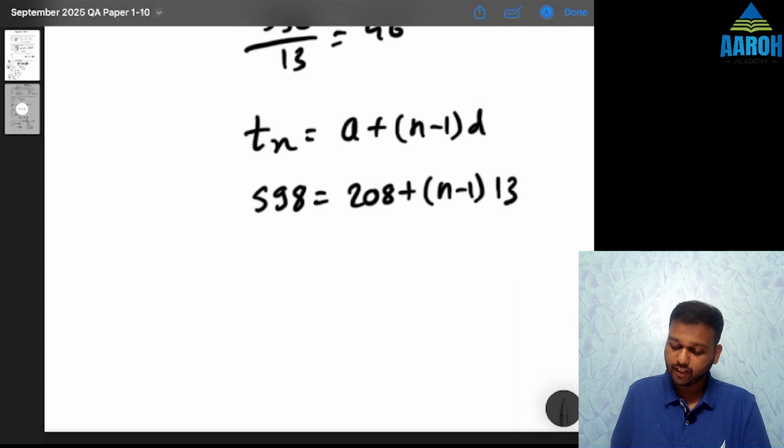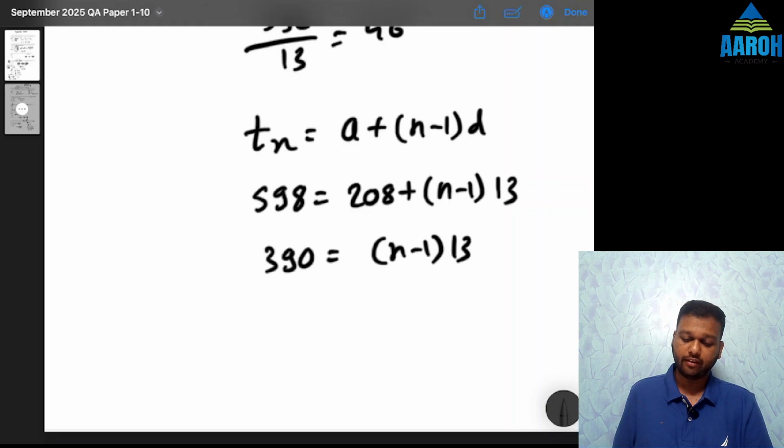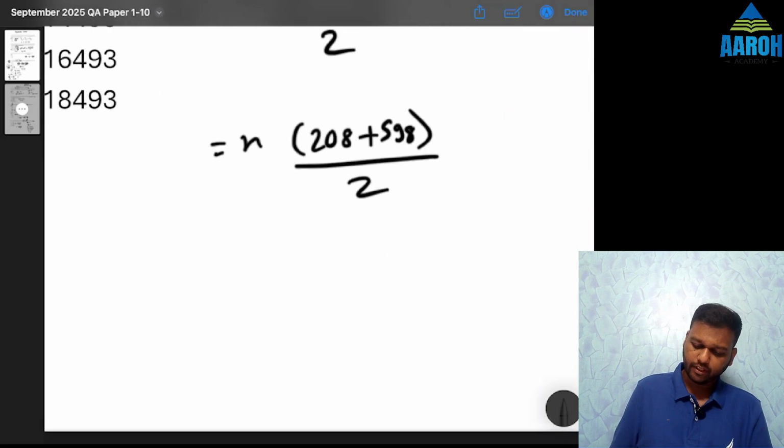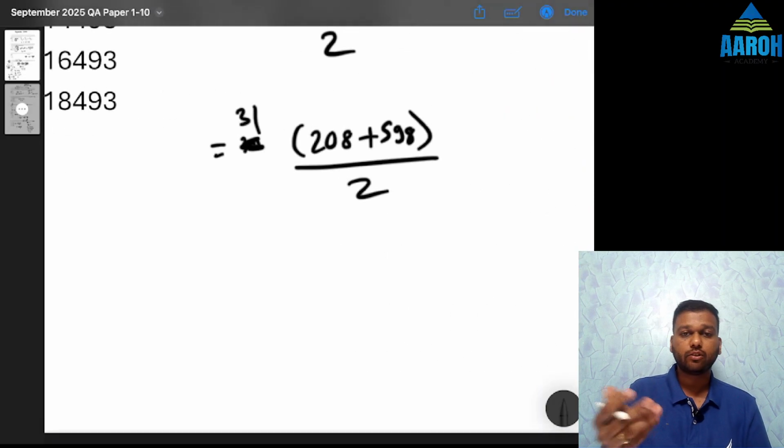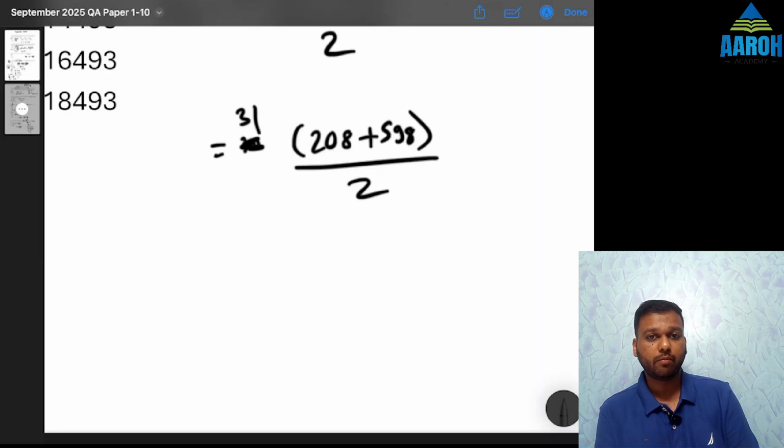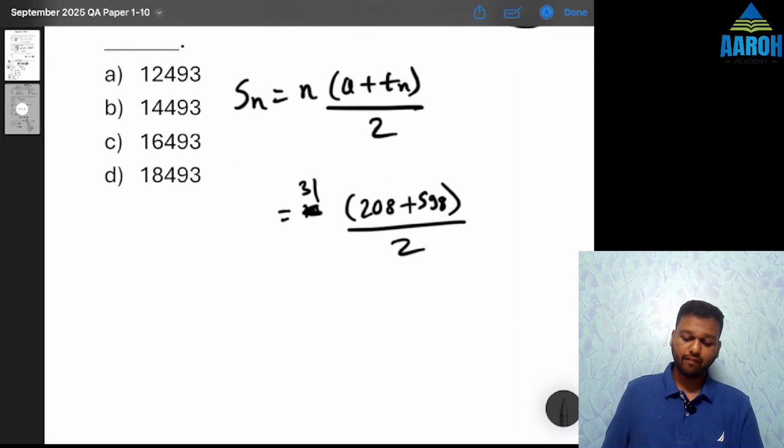The common difference is 13. That also we know. So let's solve this. 598 minus 208 is what? 390 is equal to n minus 1 into 13. So 390 by 13 is what? 30 is equal to n minus 1. That means n is equal to 31. Let's put n as 31. So this will be our answer. 208 plus 598 by 2 into 31, which is 12,493, or option A.